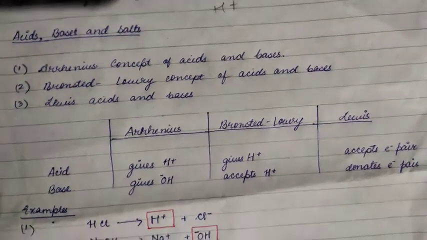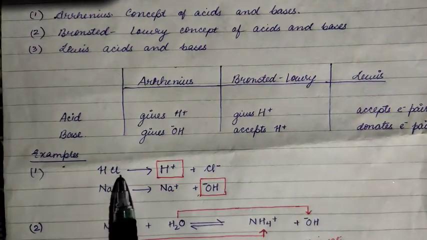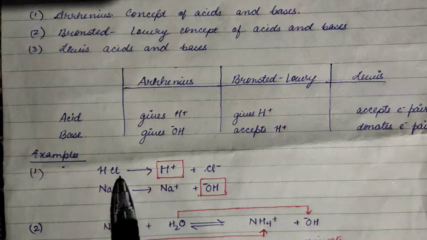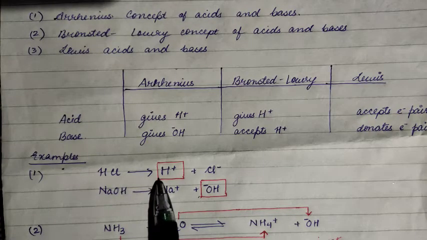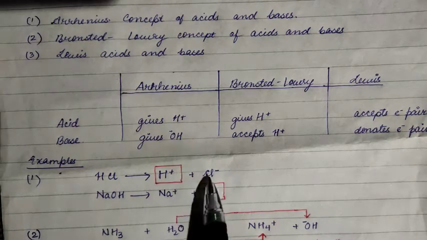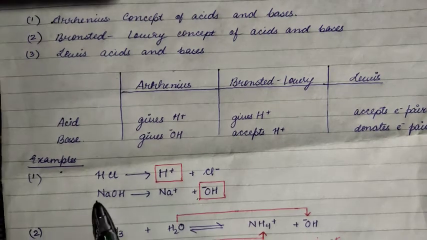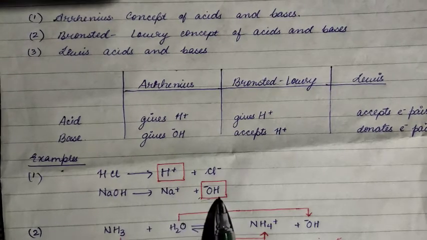Now, as an example, you can see hydrochloric acid. It is an example of an Arrhenius acid because when it is dissociated, what does it form? Two ions, that is your hydrogen ion, which goes according to this criteria, and the chloride ion. And sodium hydroxide releases the sodium ion and the hydroxyl ion.